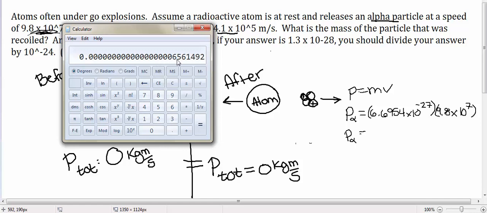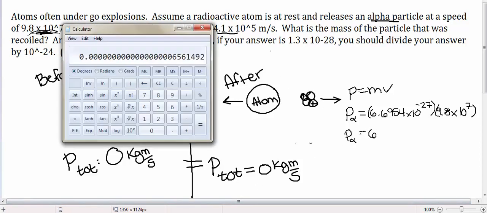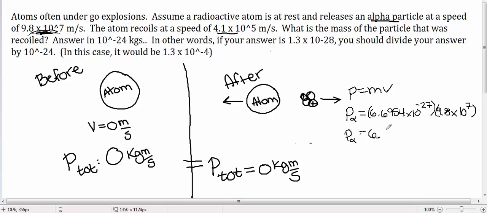And I moved this to the right to make a small number, which means after I put it in scientific notation, I would move it to the left to put it in the correct form. So I'm going to put a negative 19. So the total momentum of my alpha particle was 6.56 times 10 to the negative 19th.